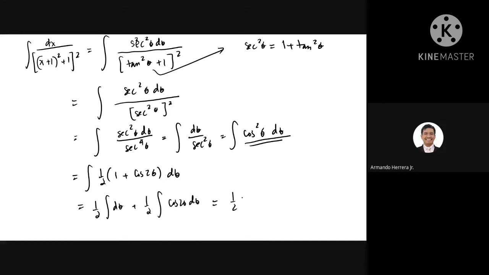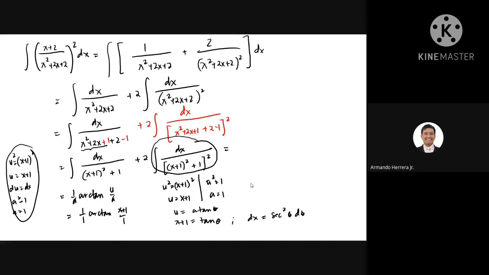So that's 1/2 theta plus 1/2 times 1/2 sine 2 theta, because I will provide a 1/2 and then compensate with a 1/2. So this is equal to 1/2 theta plus 1/4 sine twice the angle.